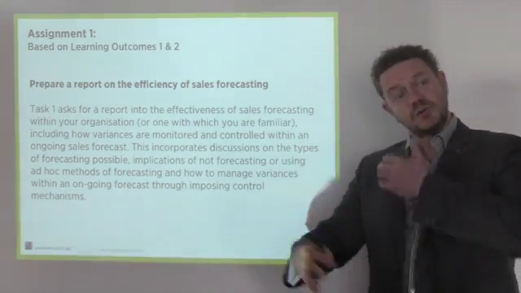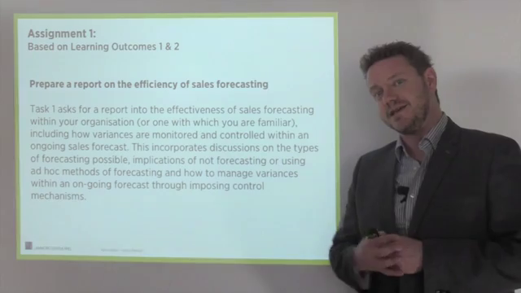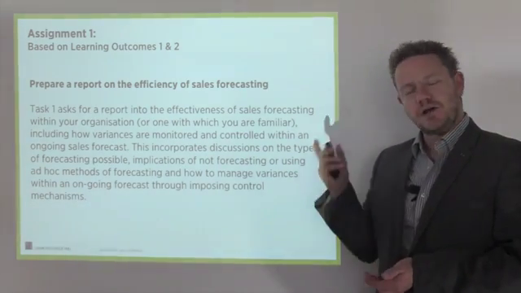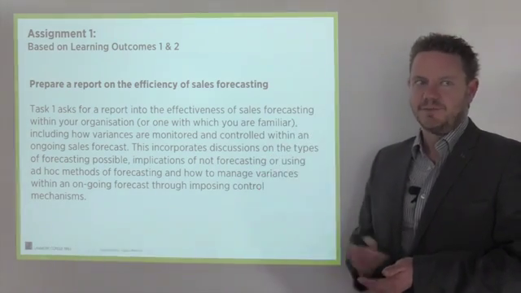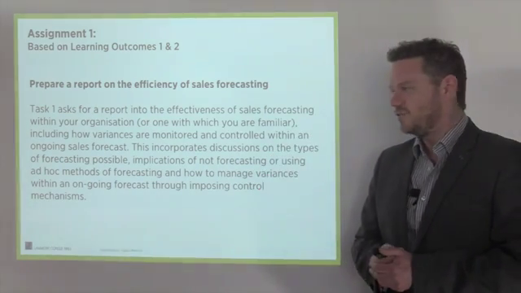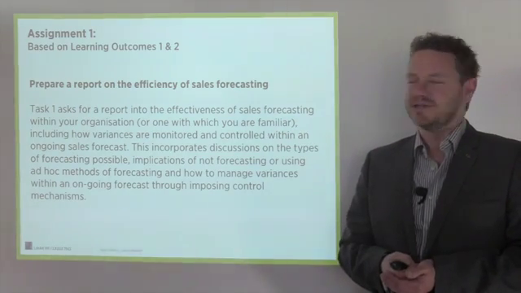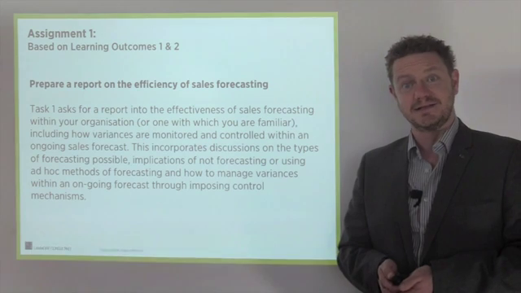A lot of organisations will revise forecasts as the year develops, dependent on what's actually happening out there in the world. So, there's more information available on Task 1 in your workbooks and so on. Go ahead and understand what happens in your organisation, and good luck with getting that written.